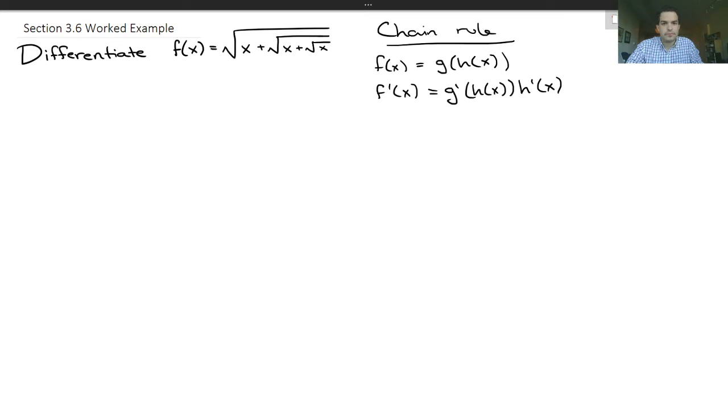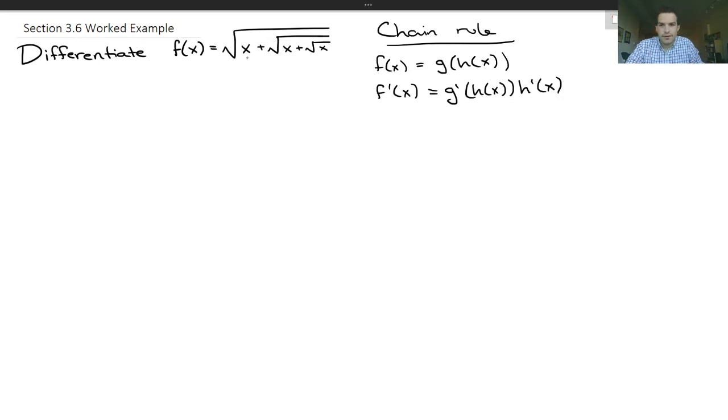So you take the derivative of the outside function, keep the inside the same, and then multiply by the derivative of the inside function. And one of the hardest parts of using the chain rule is figuring out which things are g and h.